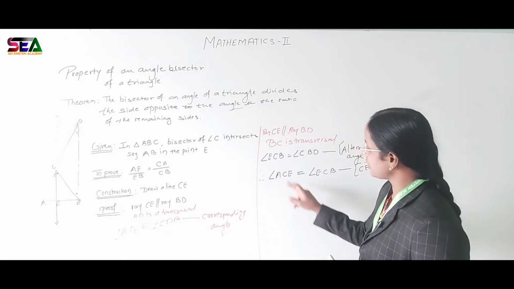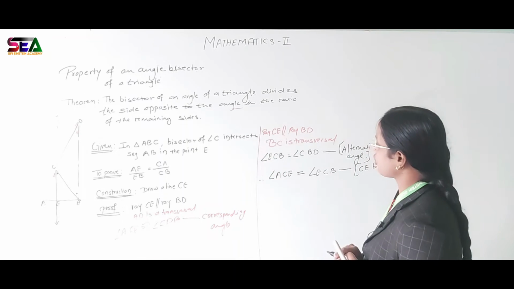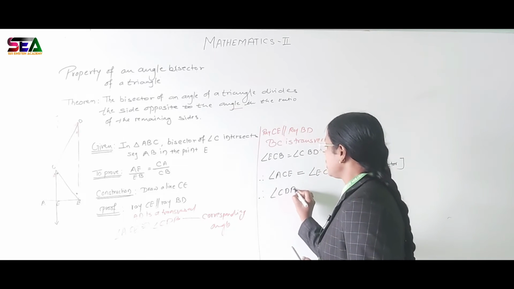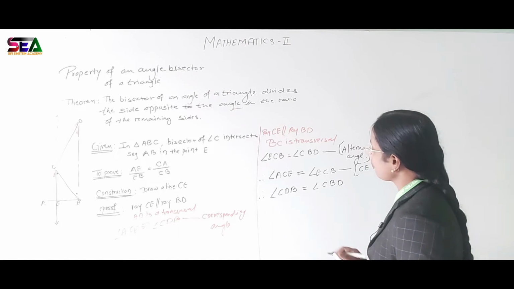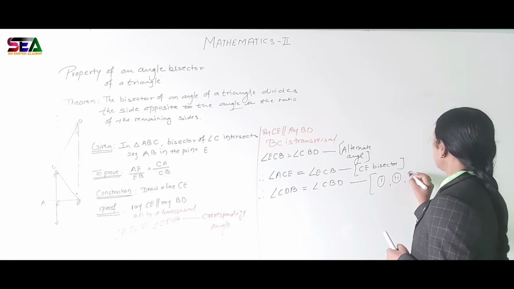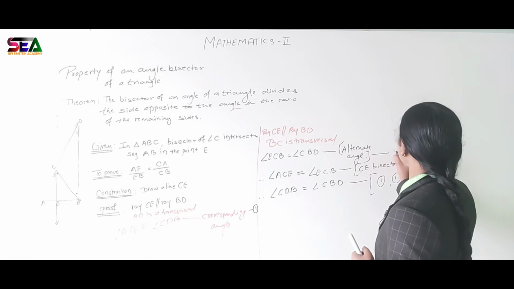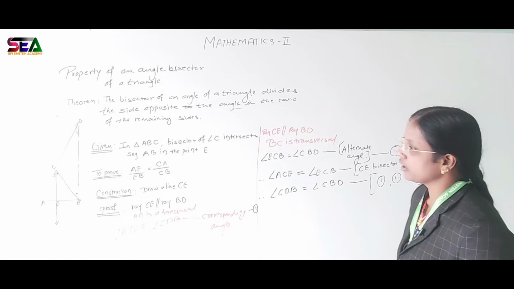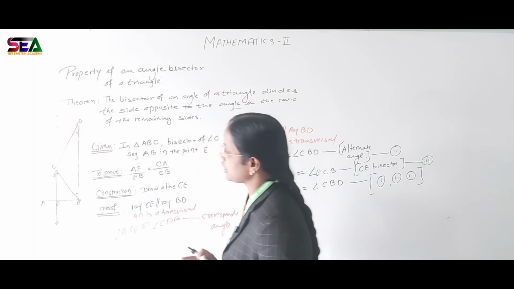If ACE and ECB are congruent, that means CDB and angle CBD are also congruent, from statements 1, 2 and 3. This is statement 1, this alternate angle is statement 2, and the bisector is 3. From these three statements you can write angle CBD is congruent with angle CDB.